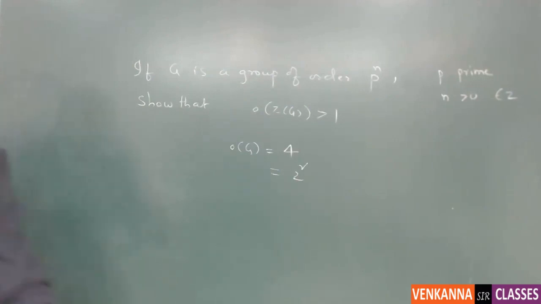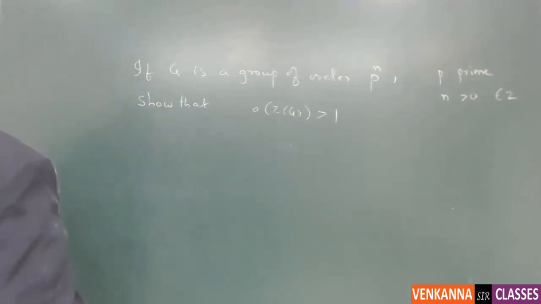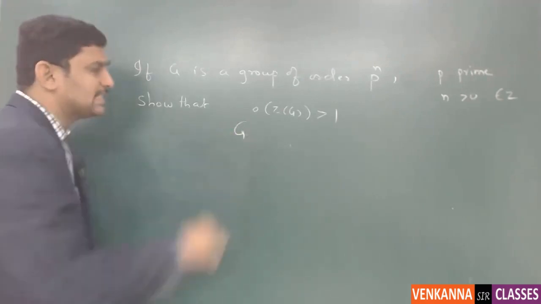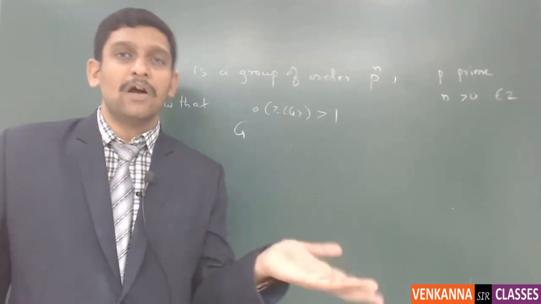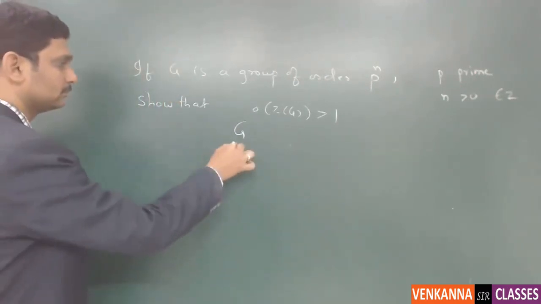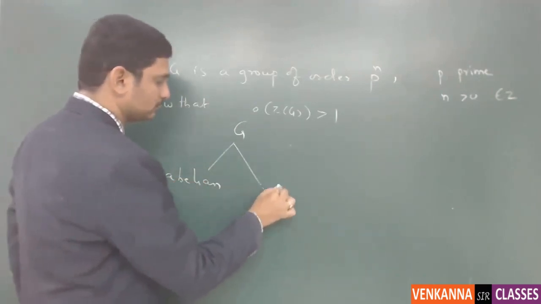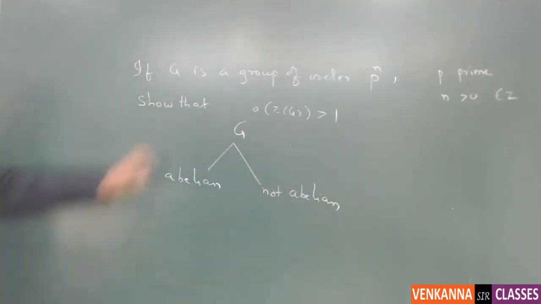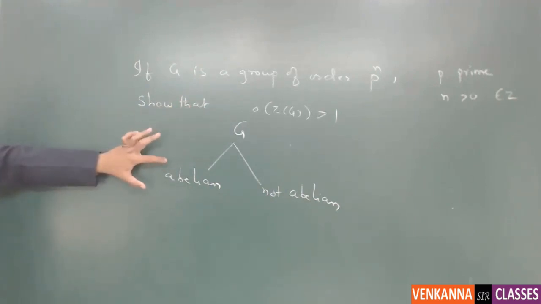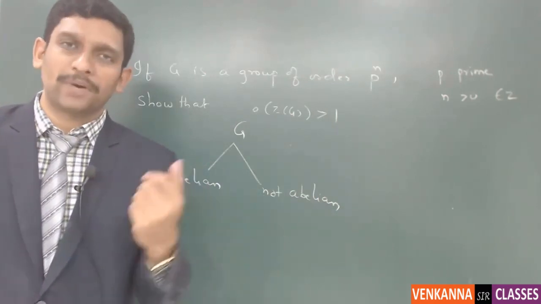Right. Now let us go to the solution for it. Since a group is given, you don't know whether it is abelian or not abelian. So if the given group is abelian, it means the whole group satisfies the commutative property.